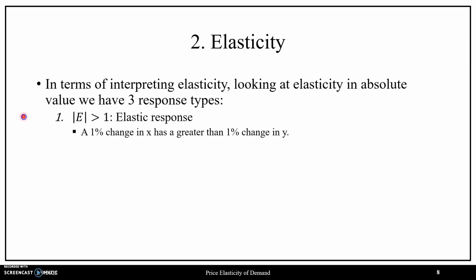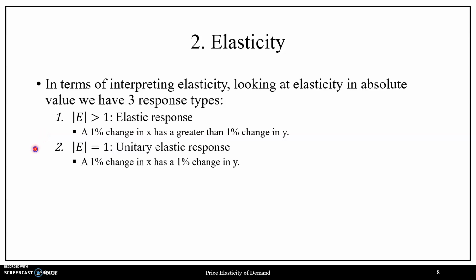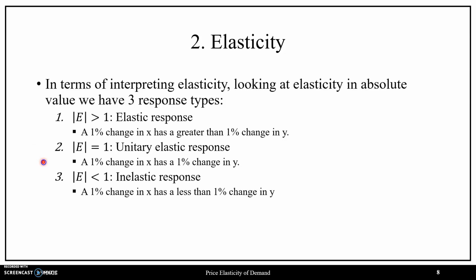The first case will be the elastic response, which occurs when elasticity is greater than 1 in absolute value and carries the interpretation of a 1% change in X has a greater than 1% change in Y. Our second case will be the unitary elastic response, which occurs when elasticity is equal to 1 in absolute value and carries the interpretation of a 1% change in X has a 1% change in Y. And then lastly, we have the inelastic response type, which occurs when elasticity is less than 1 in absolute value and has the interpretation of a 1% change in X has a less than 1% change in Y.